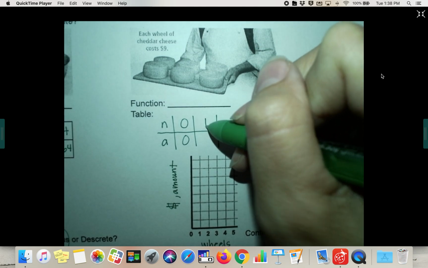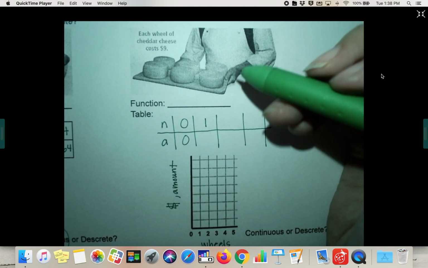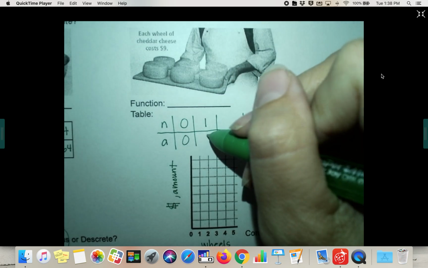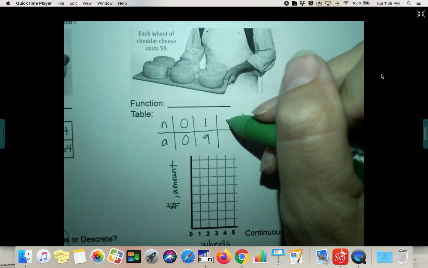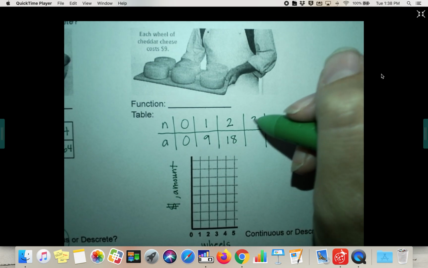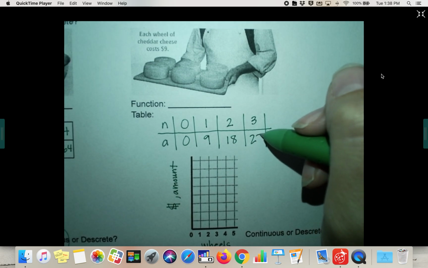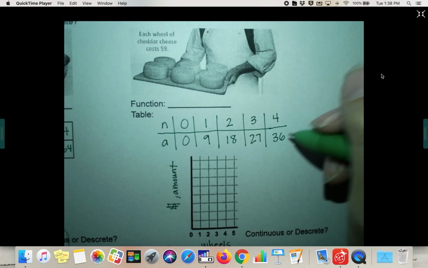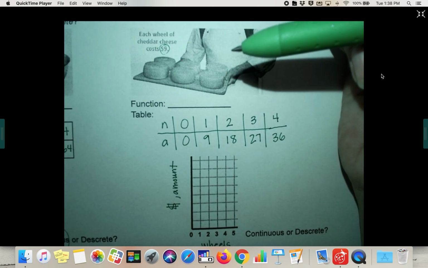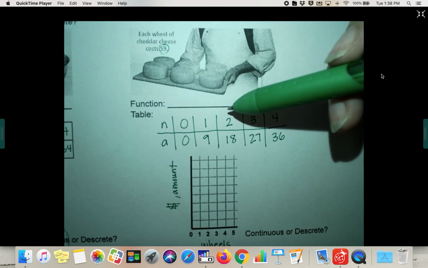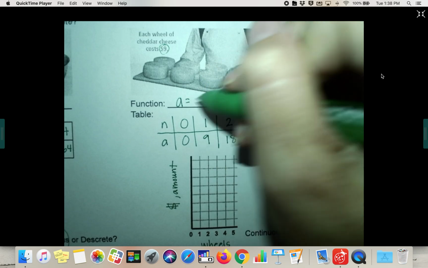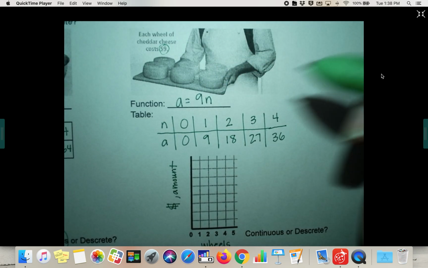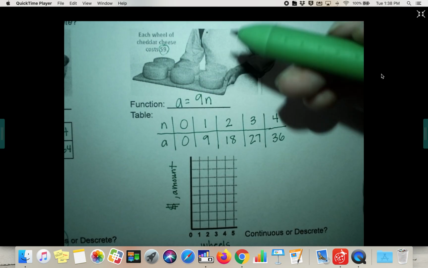If the number was 1, if I made 1 wheel, then it would cost $9. 2 wheels cost $18. 3 wheels cost $27. 4 wheels, we'll just go to 4, cost $36, because all I'm doing is multiplying it by 9, because that's what it tells us. So our function then would be to get the total amount, you take 9 and multiply it by the number of wheels. So that is our function, or our equation.